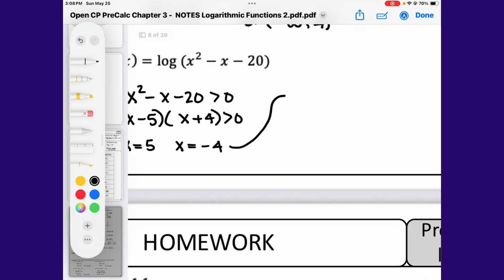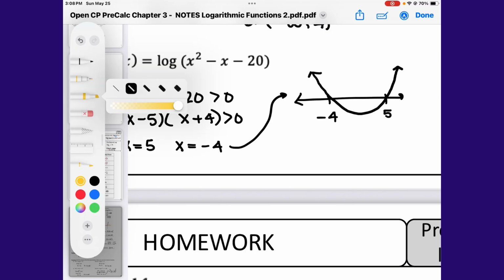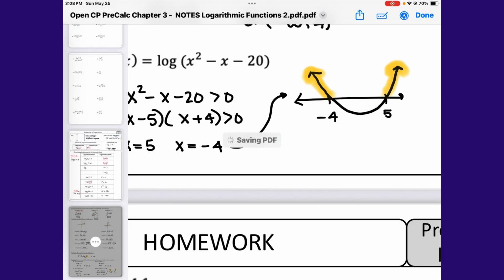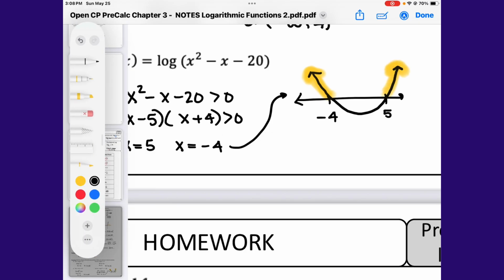When we take our critical values over to our number line, we know that this quadratic is opening up and then crossing the x-axis at those critical values. So when we're looking at where are we greater than 0, we are greater than 0 here because we are above the x-axis, and we're greater than 0 also here because, again, we're above the x-axis.